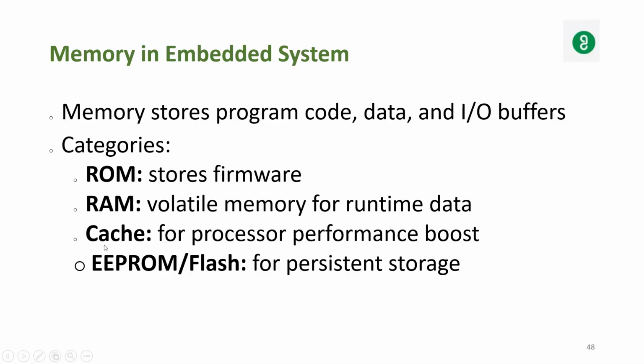Next, to speed up the processor, that is, to boost the performance of the processor, you have to go for cache memory. All intermediate results executed by your CPU will be stored in the cache memory, and you can retrieve them easily instead of getting the data from the main memory.